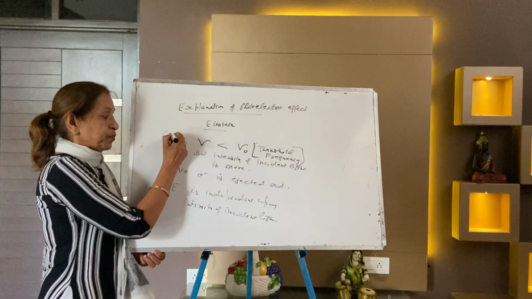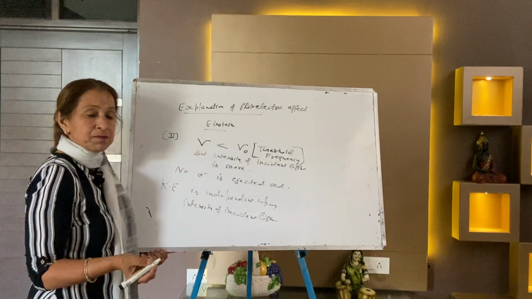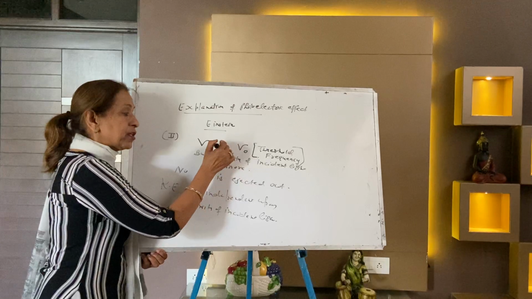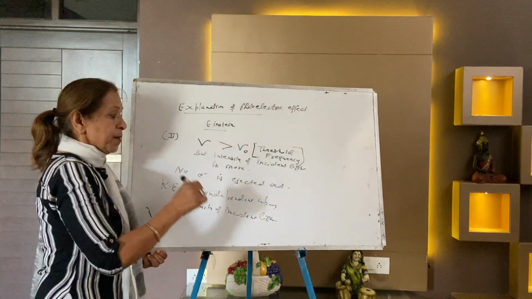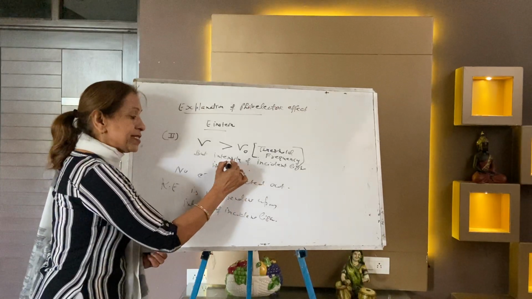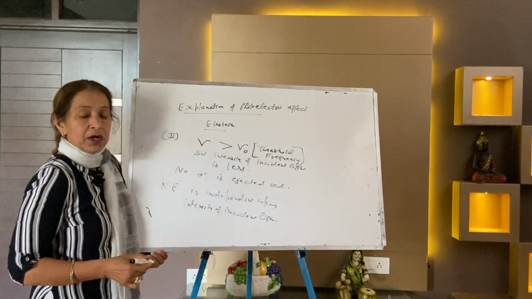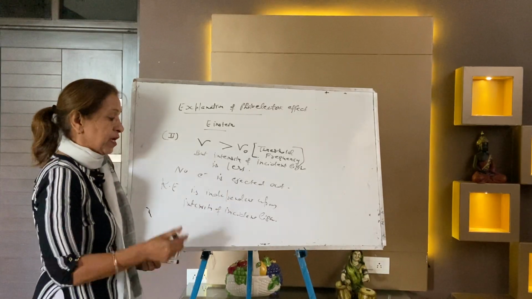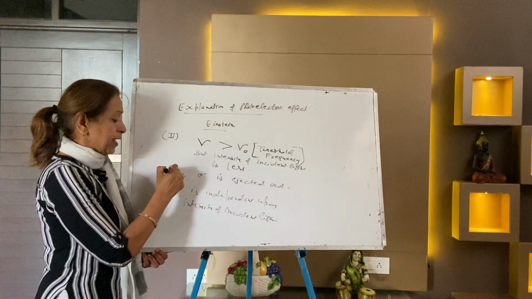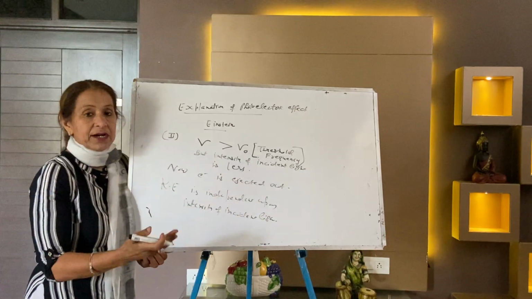Now number 2, the second experiment. Now nu is greater than nu naught. The falling light has more frequency, but the intensity of incident light is less. Decrease the intensity but increase the frequency. Answer: electron is ejected out.